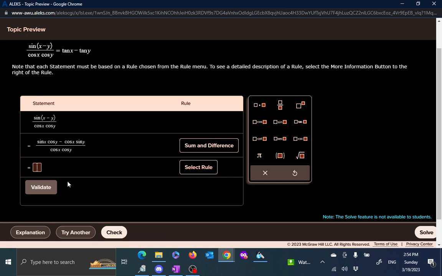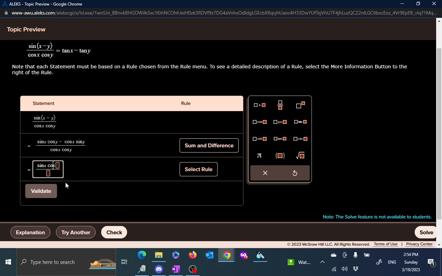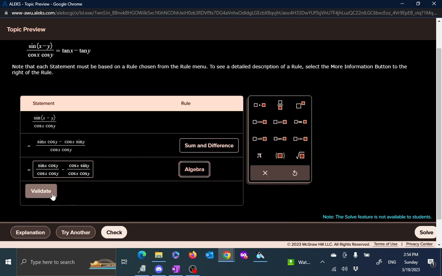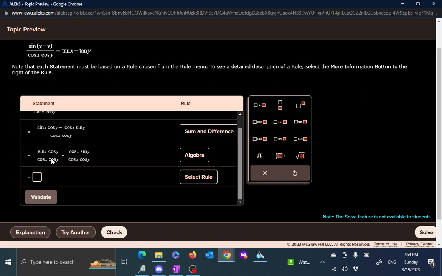Probably we can combine all of our algebra in one step, but just to be a bit pedantic about it, sine x cosine y, denominator is cosine x cosine y, minus another fraction. I have cosine x sine y in the numerator and cosine x cosine y in the denominator. What are we doing? Just algebra, nothing else. Validate. Now cosines cancel, so here you cannot rush too many things all at the same time.